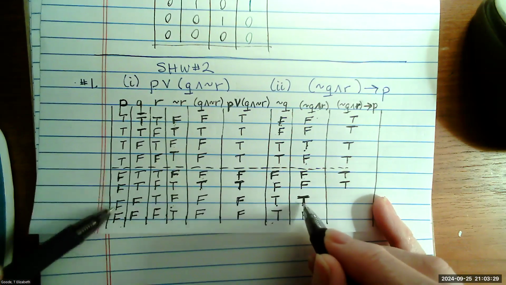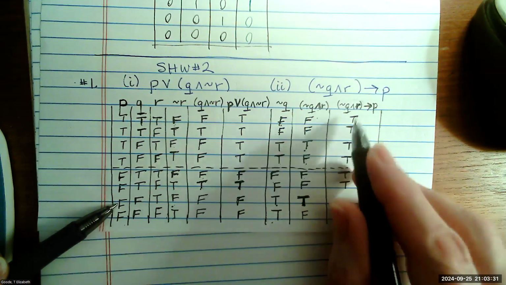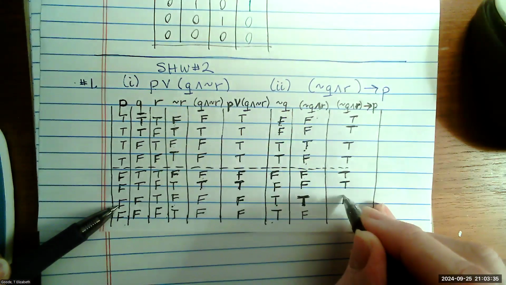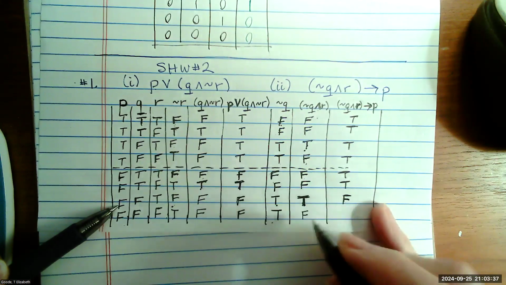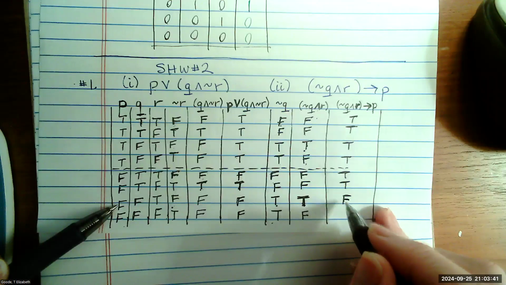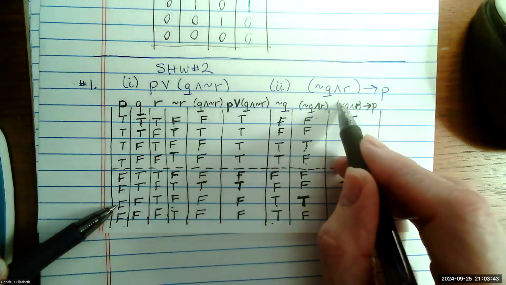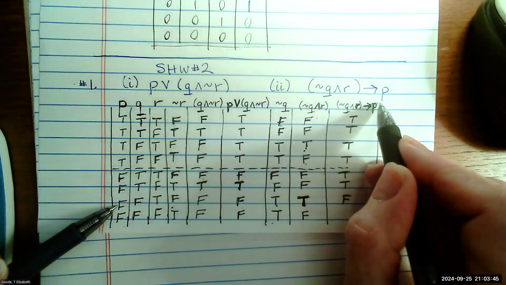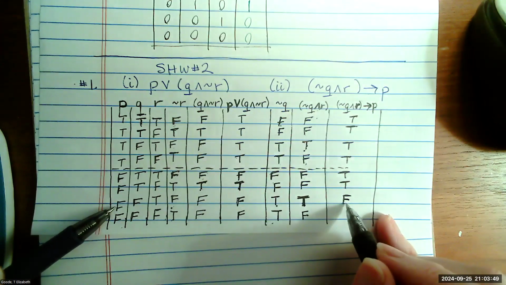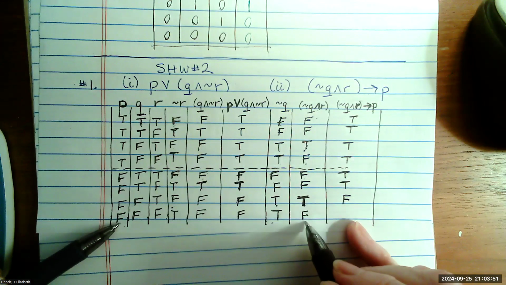True hypothesis, false conclusion. That's what it takes to make it false. That's the only time the if-then fails. If the hypothesis is true, but the conclusion didn't follow the way it was supposed to, then the if-then is false. Got it? Row 8.